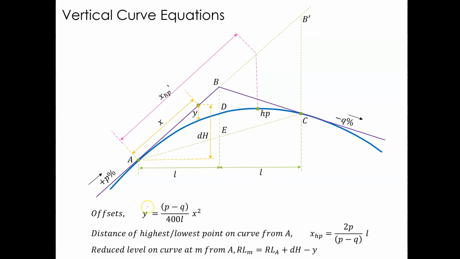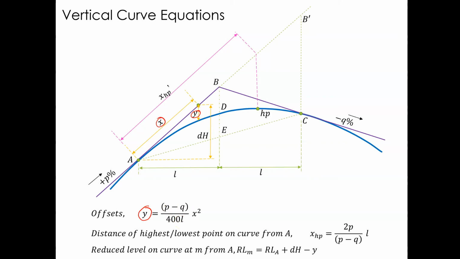The first one is the offset. As I say, it's proportional to the distance, so y is directly proportional to x squared, the constant being p minus q over 400L.